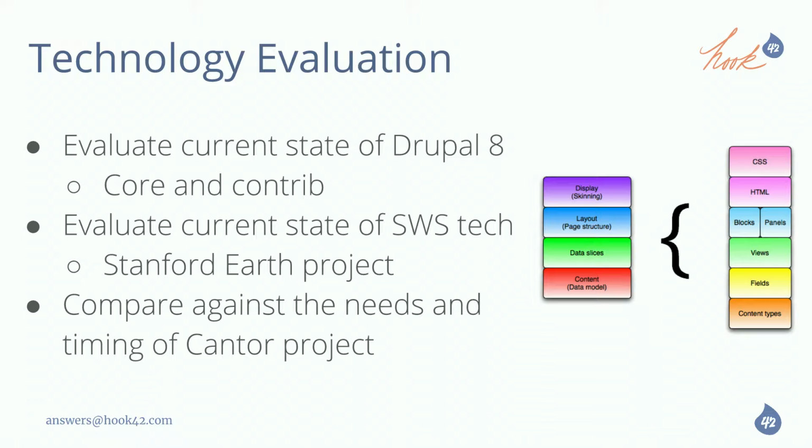For example, we ended up using the content moderation that was in core because I tested it, it looked good, and they had really simple needs. I wasn't going to do Workbench or whatever because it was fine as is. So then you're just trying to figure out where the state of the tech is, and what you should use.